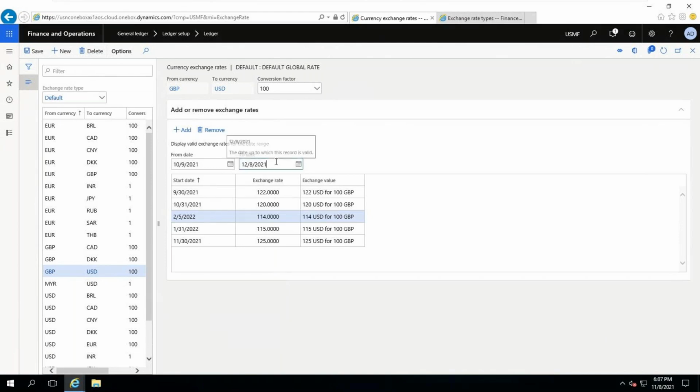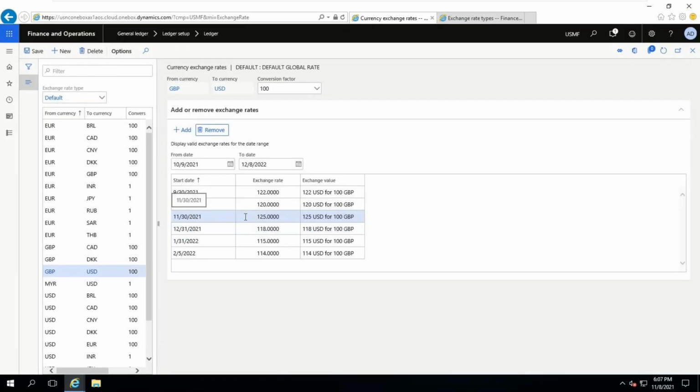Okay, so let me show you. Here, 10th October, sorry, October 31st is 120, and today, November 8th, it is also $120. Then November 30th it is 125, and it is mapped with this one. Let me delete this one in between, because I created all these for another batch.